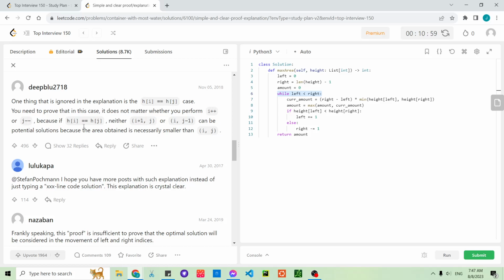If we have the same left and right, neither of them can be potential solutions because the area potential is necessarily smaller. I'm not sure about that. Oh, I see. Oh, that's very smart.